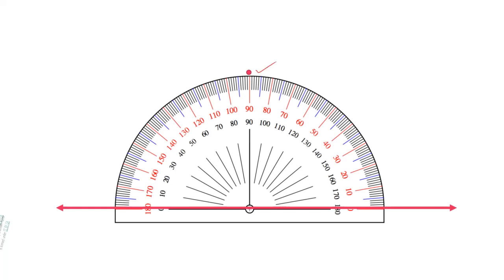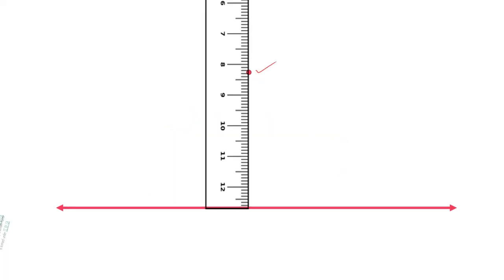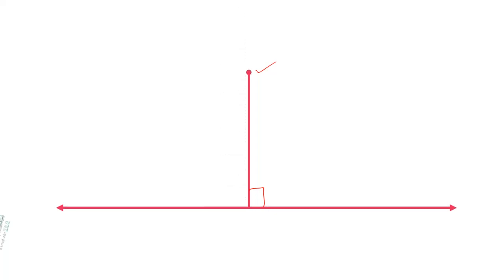Put the protractor there and mark 90 degrees. Here it is. And remove the protractor. Bring back the scale. Draw the line in such a way that it is perpendicular to the given line. Understood?